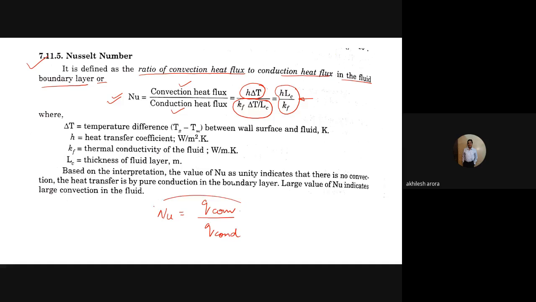Either you use this definition or you can also call it the convection heat flux divided by conduction heat flux, because area will cancel out when we are saying heat flux. So it will come out to be h Lc upon Kf. Where delta T is the temperature difference between the wall surface and the fluid, h is the heat transfer coefficient, Kf is the thermal conductivity of the fluid, and Lc is the thickness of the fluid layer.